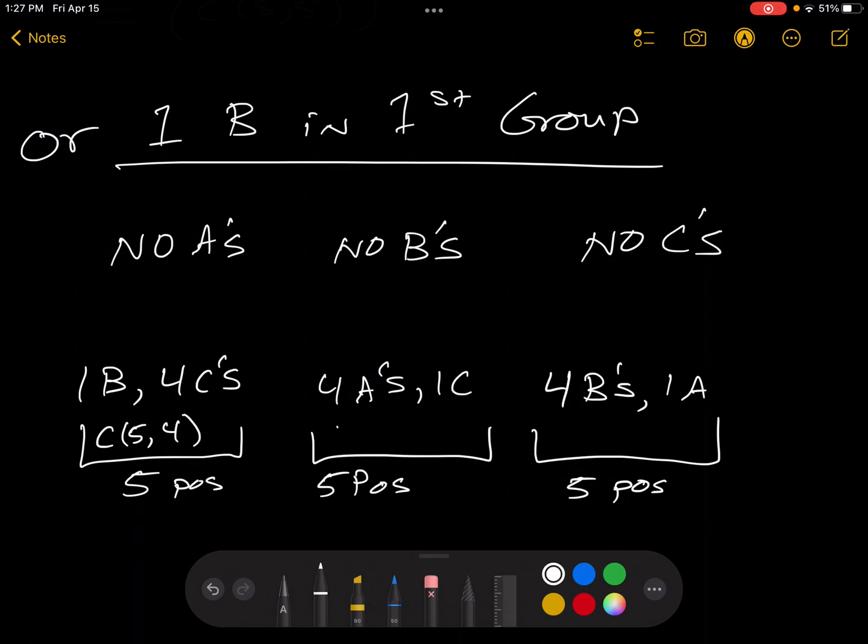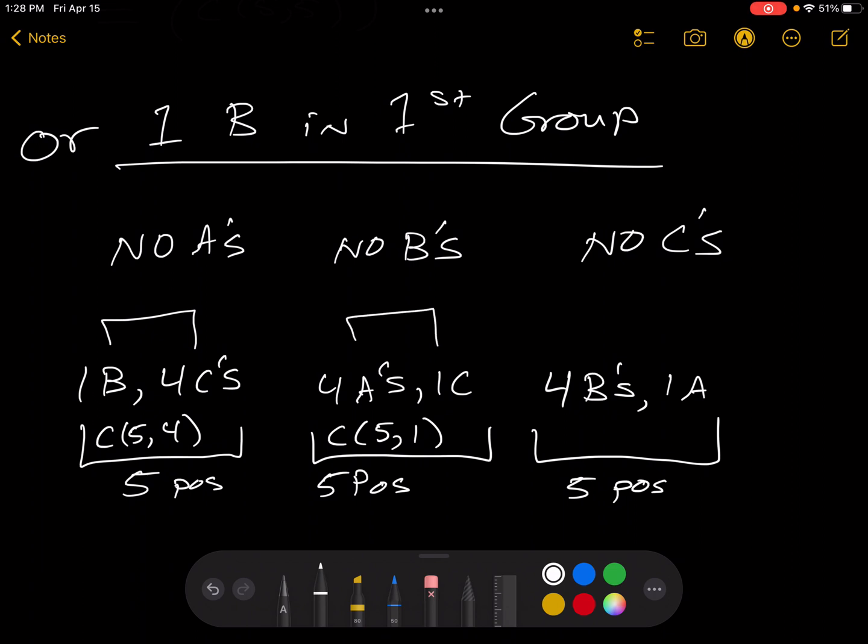Here you have 5 positions, choose 1 of them to be a C. Since there's only 2 choices here, B's and C's, if you choose 4 of them to be C's, whichever of the positions you choose to put C's in determines where the other B is going to go.